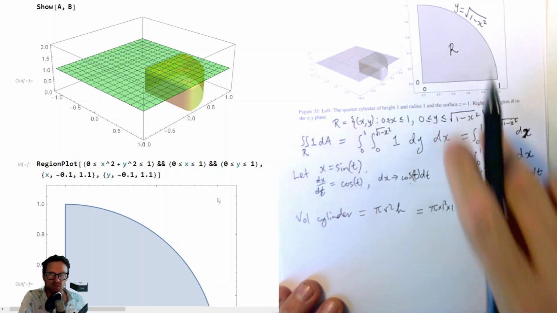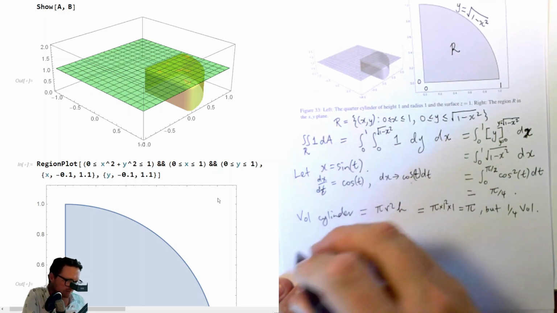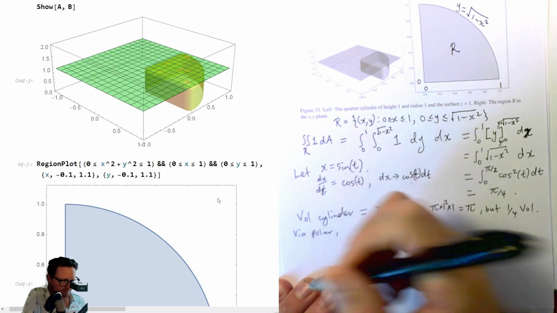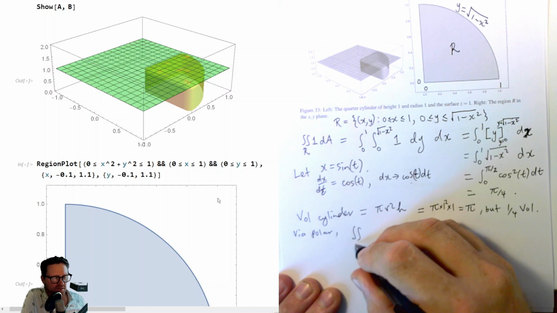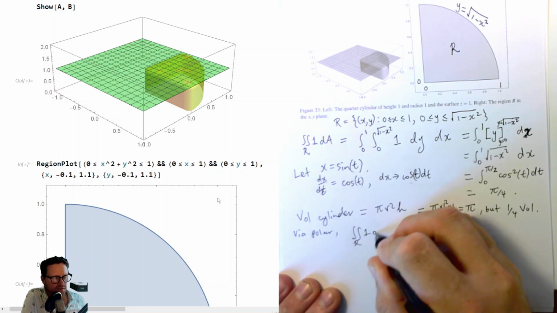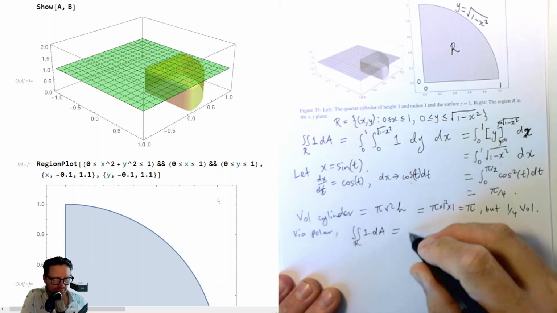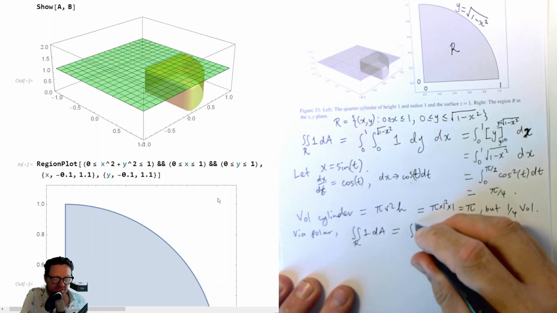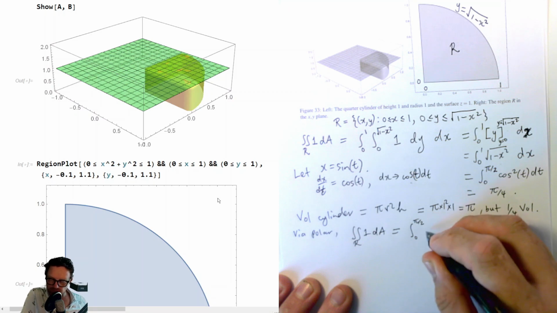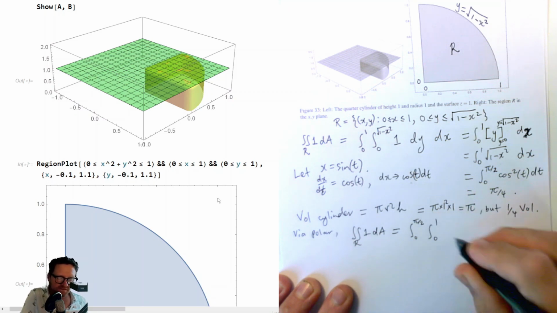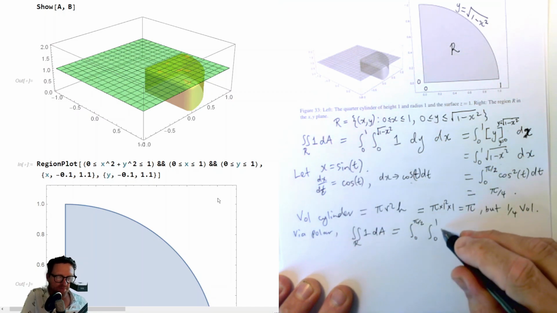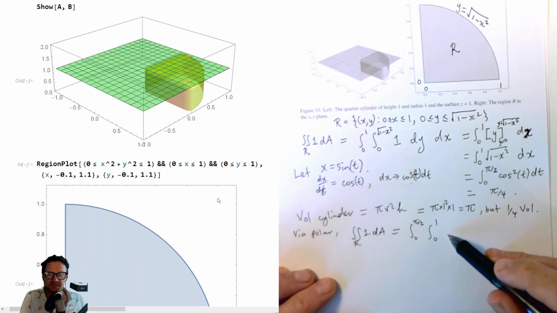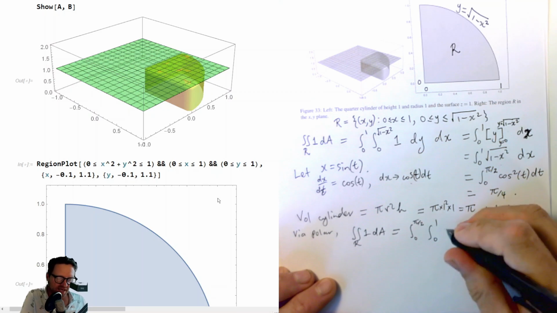So let's do this in polar coordinates because that's what we're studying now. So via polar, we've got the double integral over R of 1 dA is the integral from 0 to pi on 2, 0 to 1. Now, remember, in that substitution, we've got to put the determinant of the Jacobian, and that in this case is r.